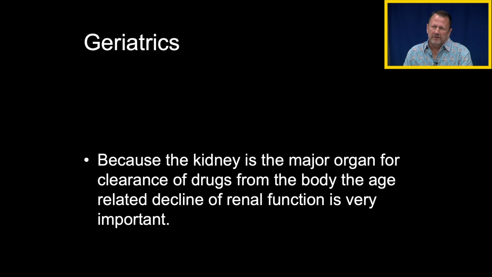All right, so we talked about all this kidney clearance business. Your liver and the rest of your cytochrome enzymes try to make things water soluble so your kidneys can get rid of them. Well, as we age, our kidneys quit functioning the way they used to. Because the kidney is the major organ for clearance of drugs from the body, as we get older our renal function declines, and that means we have to adjust the dose of some medications based on kidney function.